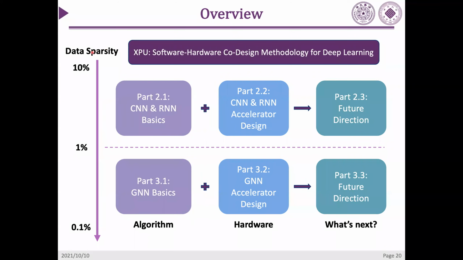Inside the matrix, maybe 20% or 40% of the CNN or RNN is non-zero. But for the GNN part, the non-zero may be below 1%. So this is the key difference between CNN and GNN. So we will talk about the CNN and RNN first, and then the GNN part.